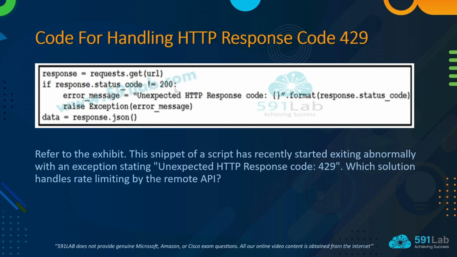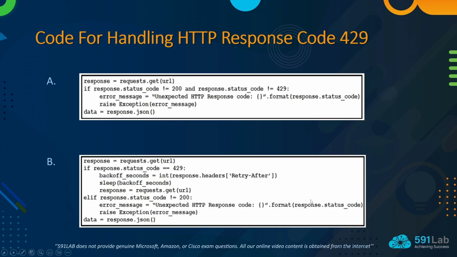But if something is wrong, an exception, we can get a status code that is not 200, so this code will raise the exception. Then the engineer gets the 429 exception code. So the question is, how should the engineer deal with this code?